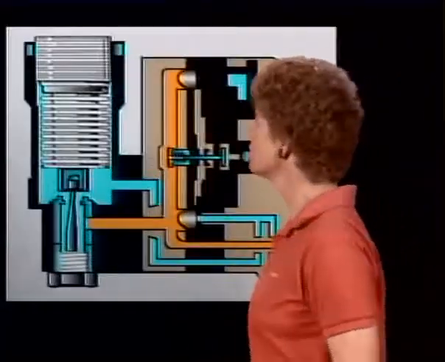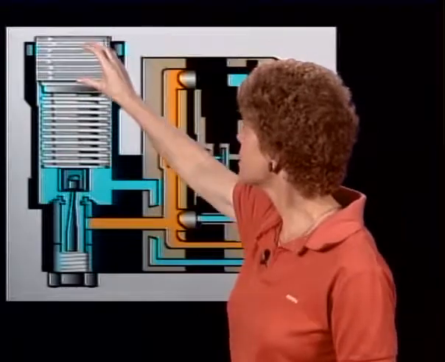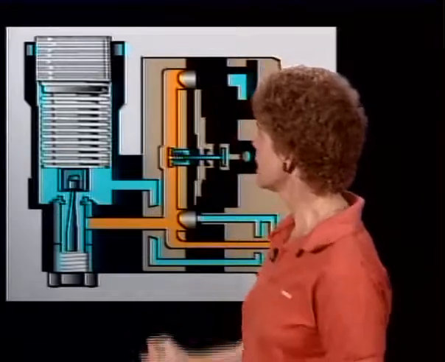Now, what does that unit look like? If you take a close-up look at it, there is a sealed bellows, a calibrated needle, and a seat. You've got a needle here and a seat.